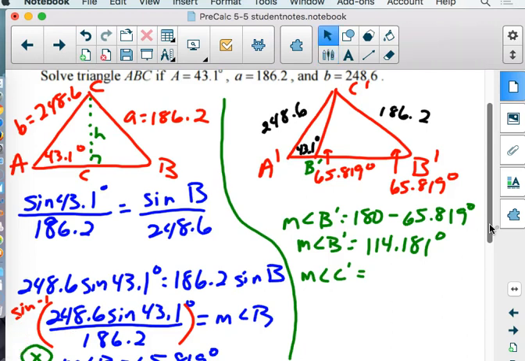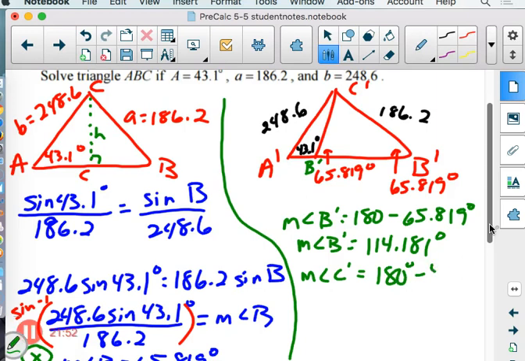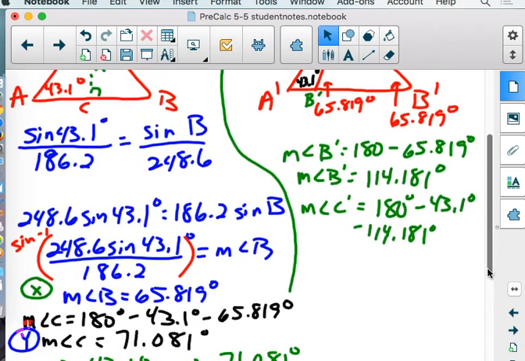So the measure of angle C, we need to do 180 minus the 43.1 minus the 114.181 degrees, which is already in our calculator right now. So technically that one does not need to be stored. 180 minus 43.1 minus the answer that we just had. 22.719.